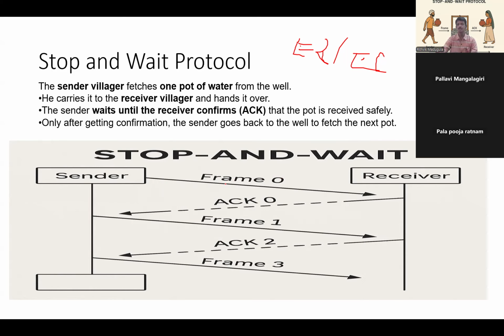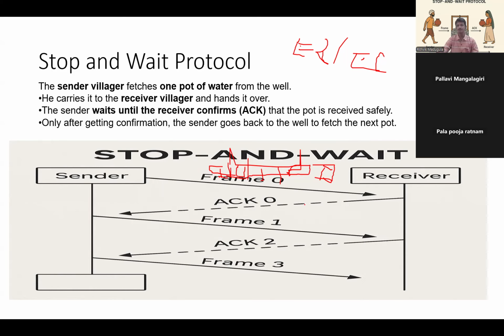Here we transmit one frame, which may consist of any number of bits, a combination of zeros and ones, along with headers and footers added to it. This frame is transmitted from the sender to the receiver at one instance of time. This is one of the most important aspects of the stop and wait protocol.